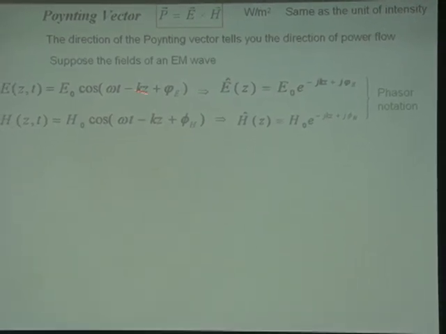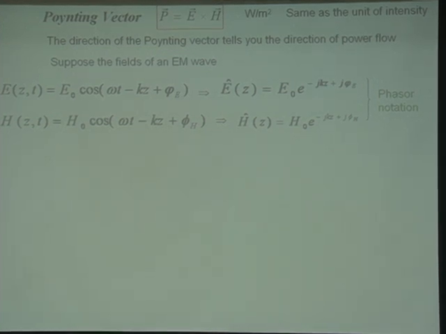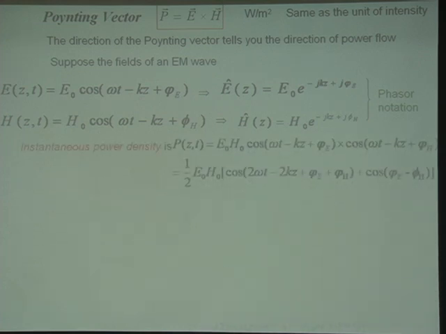So suppose that I have an electromagnetic wave like this, and I want to do a calculation for the Poynting vector. In phasor notation, I'm going to have a phase like this. Note that the old slides and your lecture notes have an error here, so pay attention. If I want to calculate the instantaneous Poynting vector, basically I do this cross product, and then I have this term multiplied with this term, with phi e and phi h.